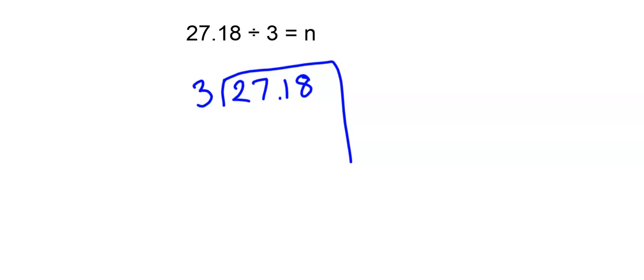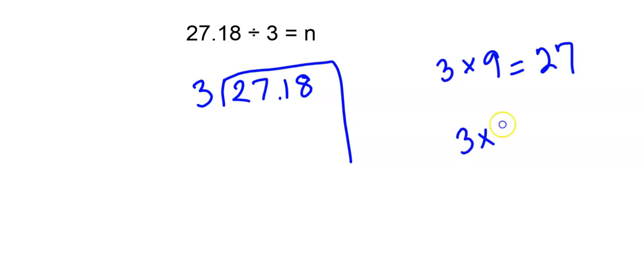What do you think this is close to? Well, I know that 3 times 9 equals 27, but 3 times 10 would be 30. So I think it's going to be more than 9, but less than 10.